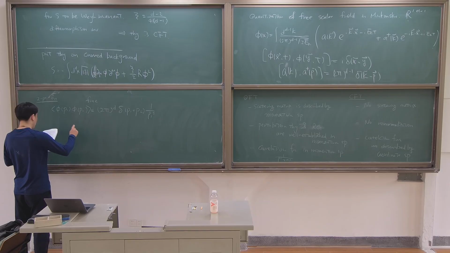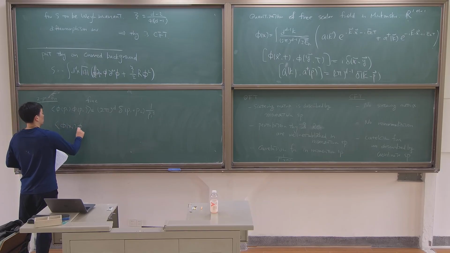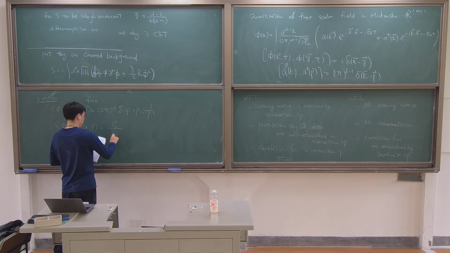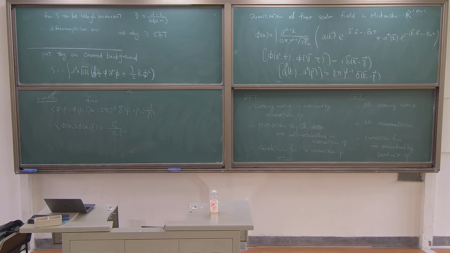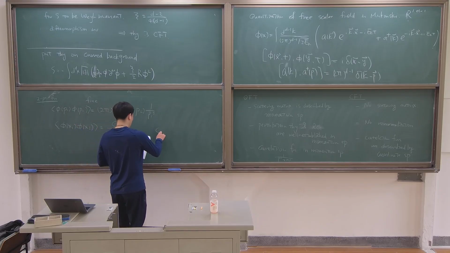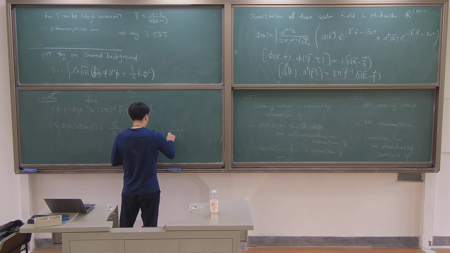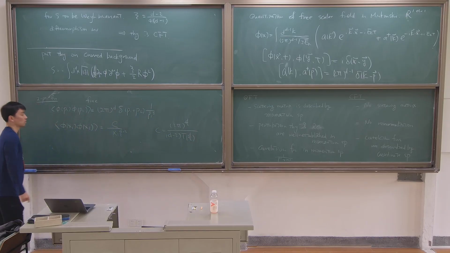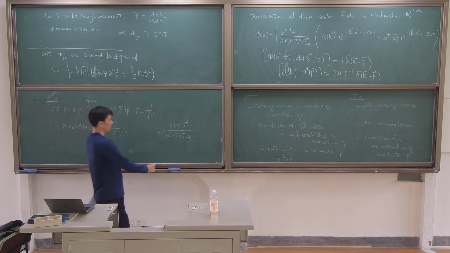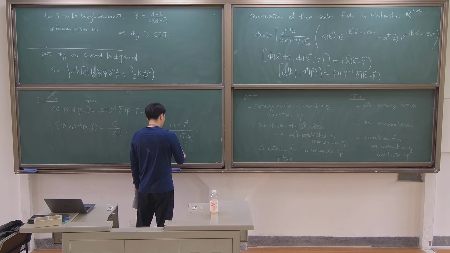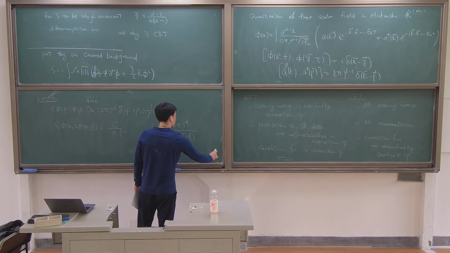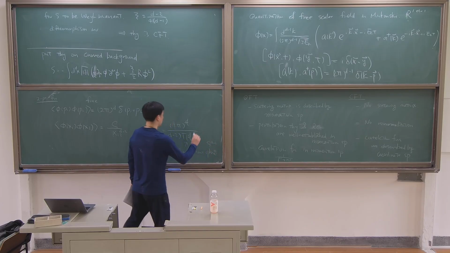And if you do the Fourier transformation of this one, what you get is as follows: C over x to the d minus 2, where C is in fact some function of the dimension, and this will involve the area of the unit sphere S^(d-1).